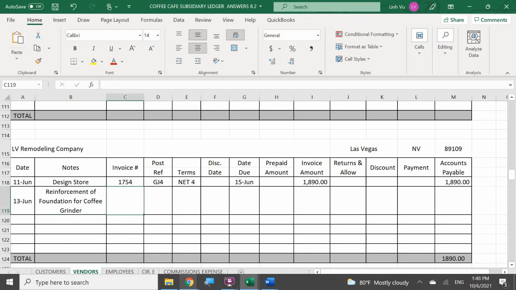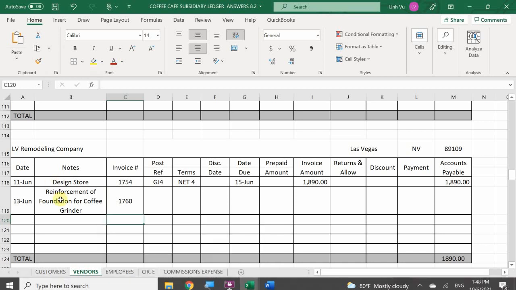This was 1760. Did we make a payment to LV Remodeling? We didn't pay anything right now. We have until the 15th. I'm sorry, I thought it was on the 15th already.